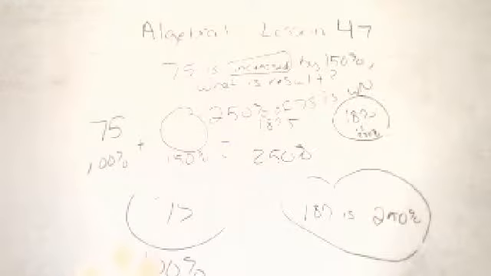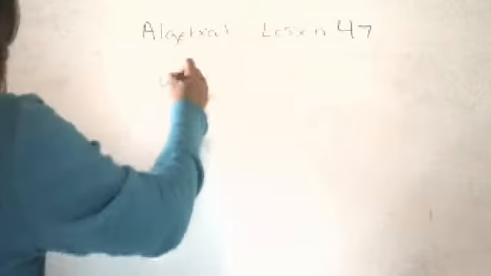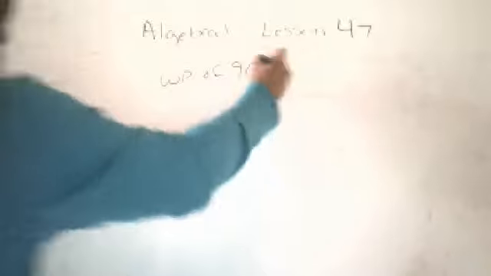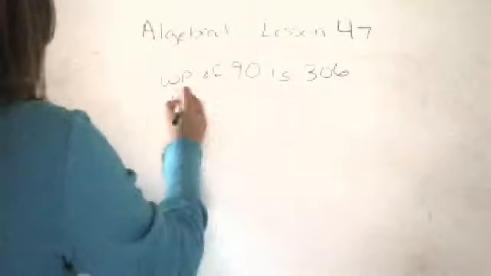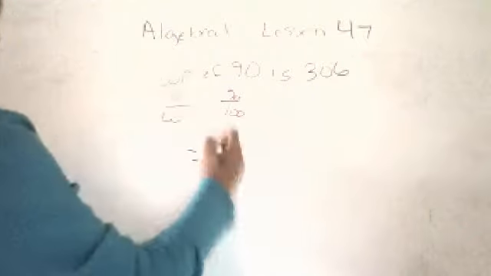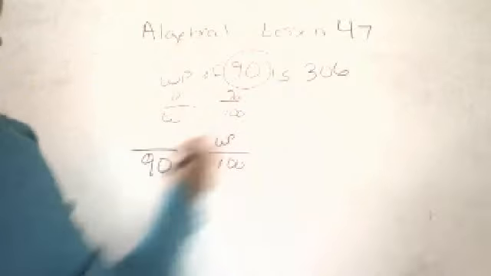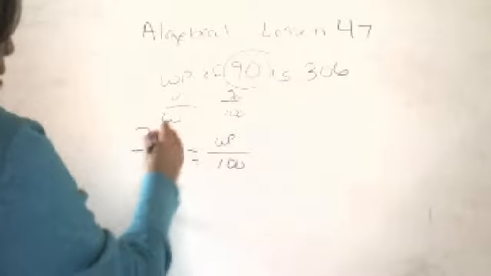So let's look at 47.6. What percentage of 90 is 306? Okay, my percentage, I don't know what percentage. What is my base? There's your base, 90, and the part of it, or the result, is 306.